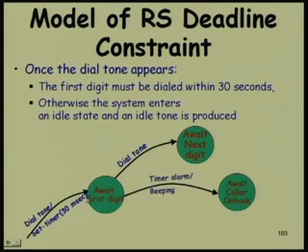Now, let us look at another example, the deadline constraint defined on a stimulus event with respect to a response event. So, here as we had seen this example, once the dial tone appears, the user must dial the first digit within 30 seconds, otherwise the system enters the idle state.